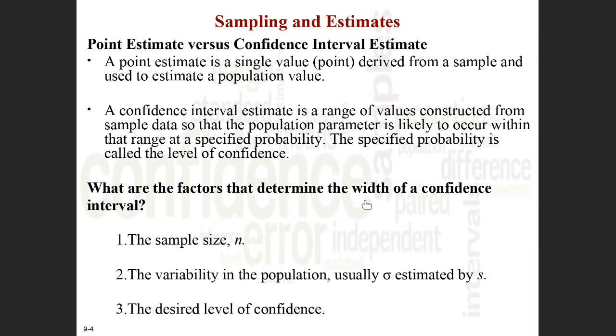Okay, back to the slide. A confidence interval estimate is a range of values constructed from sample data so that the population parameter is likely to occur within that range of specified probability. Specified probability is called the level of confidence.